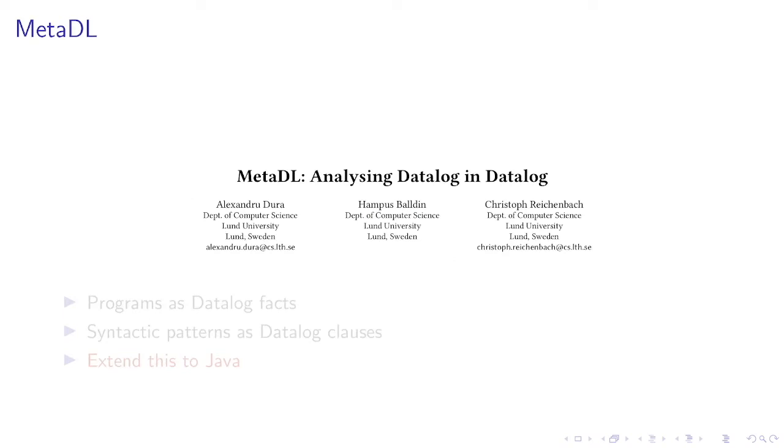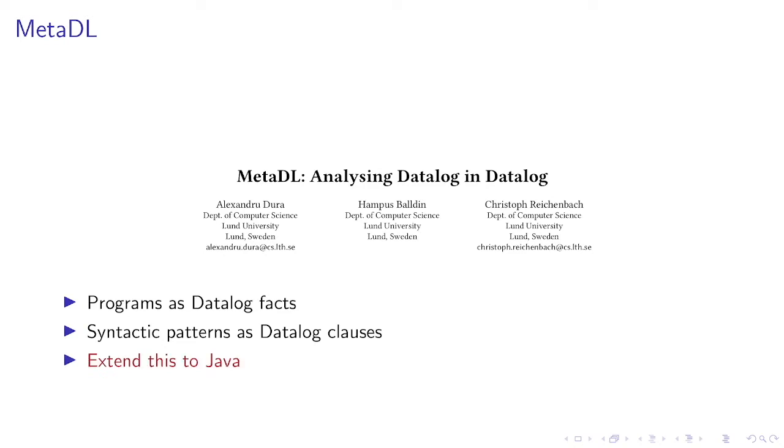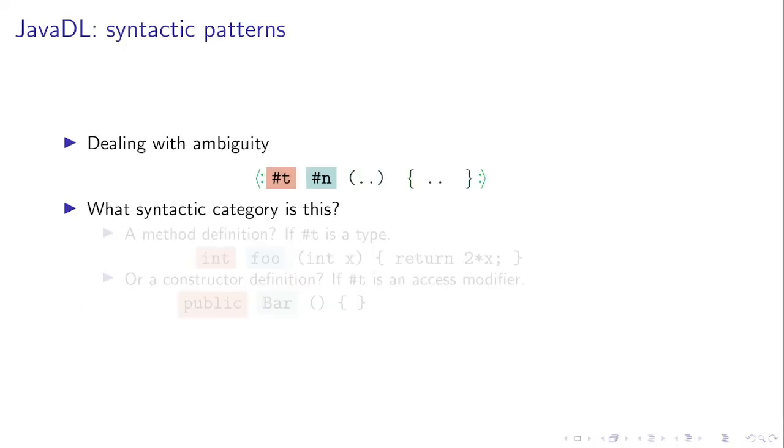In our earlier work, we have shown how to represent programs as Datalog facts and how to transform syntactic patterns to plain Datalog clauses. So now I'll explain why it wasn't straightforward to adapt the same techniques to Java. First, it's because Java is a much larger language than Datalog, and introducing meta-variables and gaps makes the grammar highly ambiguous.